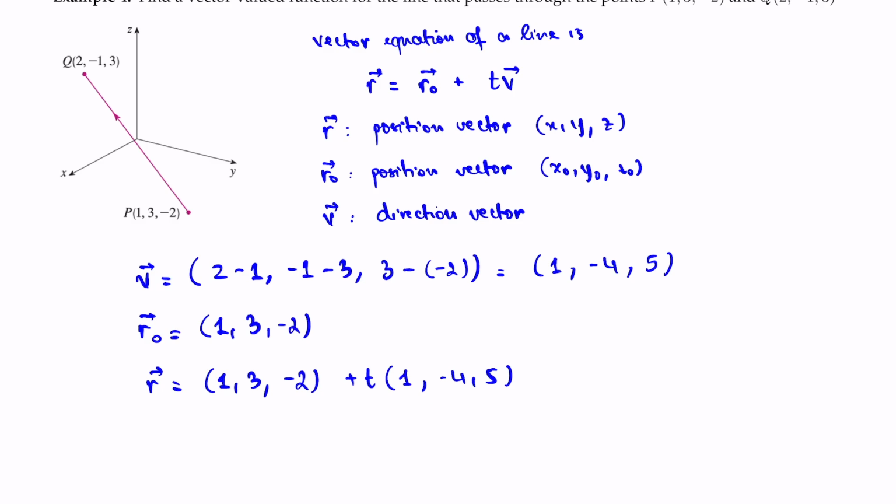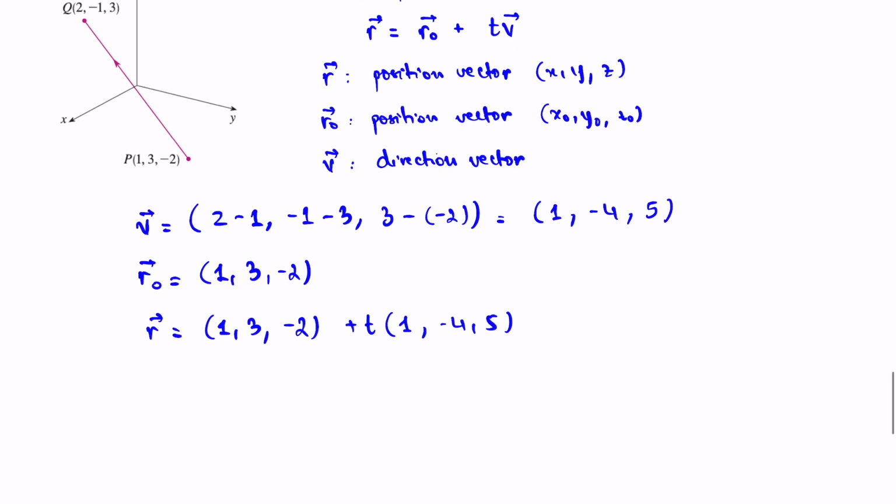And if you notice, when t is equal to 0, r of 0 is going to be 1, 3, and negative 2. So this is a snapshot in time at t equal to 0. So this is the starting position.